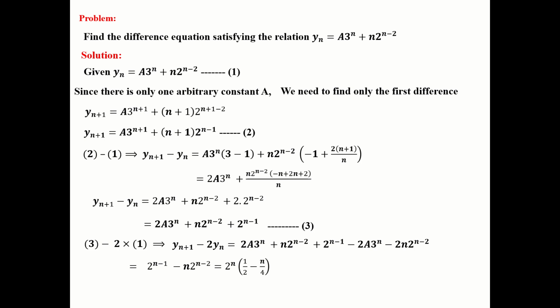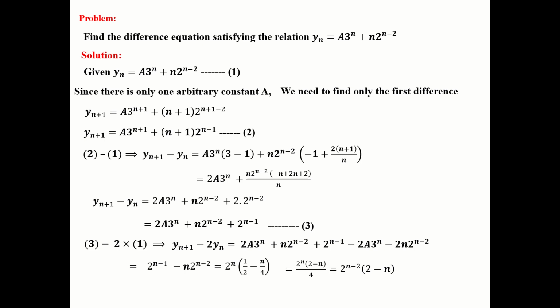So 1 by 2 minus n by 4. So 2 power n, then taking LCM, 4 is the LCM. So 2 minus n by 4. So 2 power n minus 2 into 2 minus n, because 4 can be written as 2 square. So bring it to the numerator. So 2 power n into 2 power minus 2.